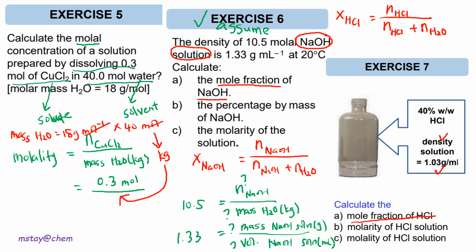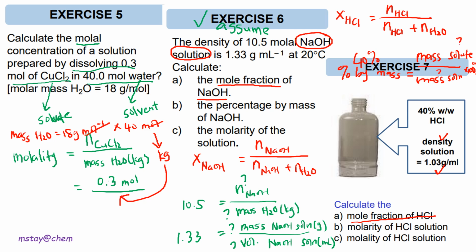Based on the formula given, percentage by mass, which is 40%, is equal to mass solute over mass solution multiplied by 100%. From the question, we don't have the mass of solute. We also have no mass of solution.